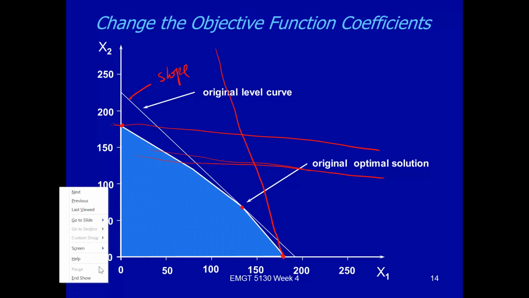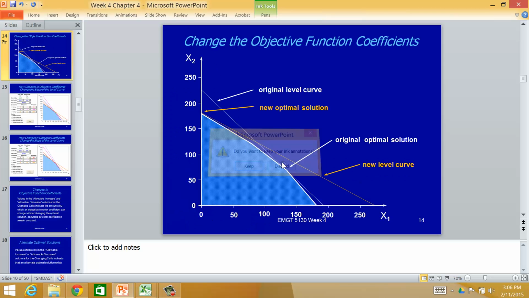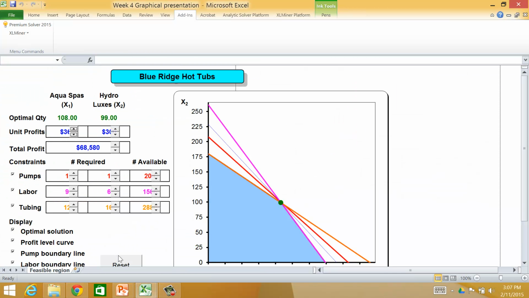Okay, so let me go to this graphical representation and lock in some of those values here. That should be 350.